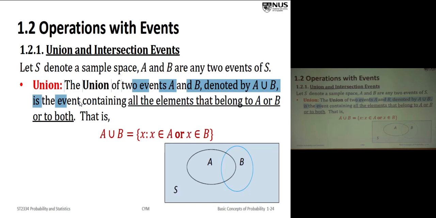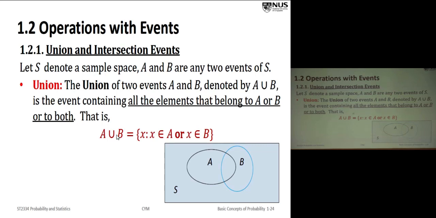So we have an event A and an event B, and the union has a specific notation: A union B, written A ∪ B. In words, it is the event which contains all the elements which are in A and all the elements that belong in B. If you take a member in A union B, it lies in either A or B, or maybe both, depending on what those sets look like.